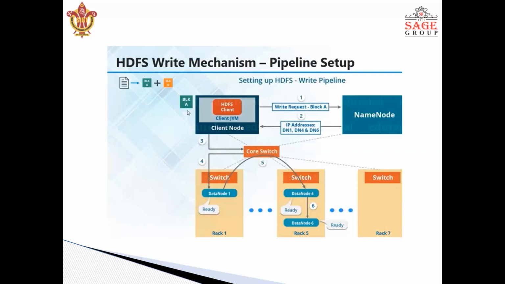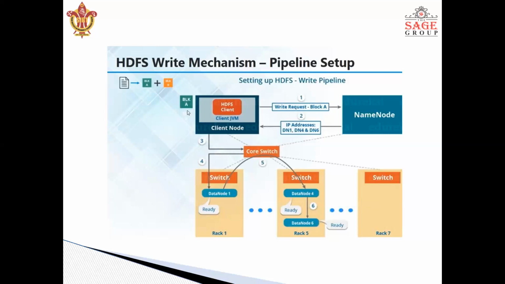Here is the client, and the client at first requests the name node, telling it that I have got a block that I need to copy. The name node says, okay, I will give you the IP addresses of 3 data nodes where you can copy your file. You have to copy your block 3 times because, as we have already discussed, the replication factor for this HDFS system is 3.